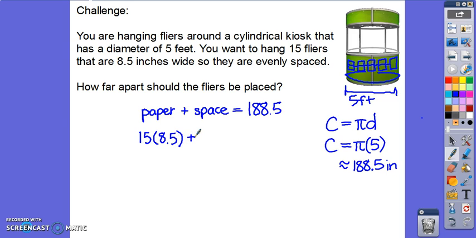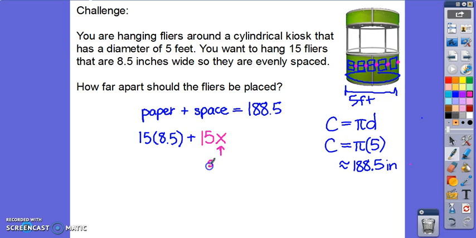How many spaces do I need? It's kind of different because this is a cylinder, so if you think to the right of each flyer, you need a space, right? So we could actually think that there would be also 15 spaces. If there's 15 flyers, there would be 15 spaces. Now that's only true because this goes all the way around the circle. So this would be, what is X standing for here?